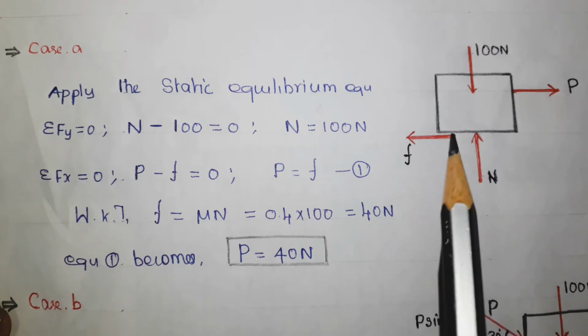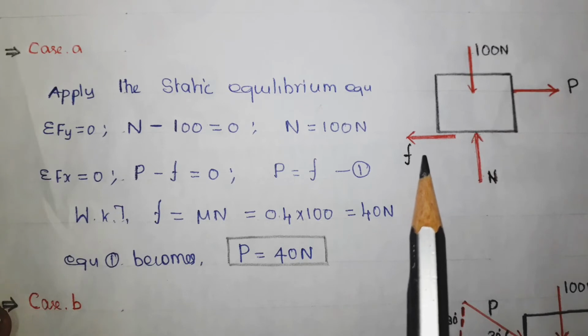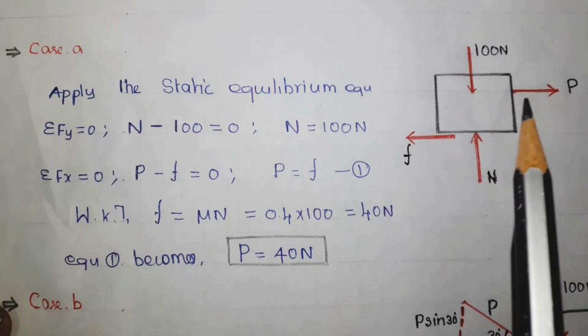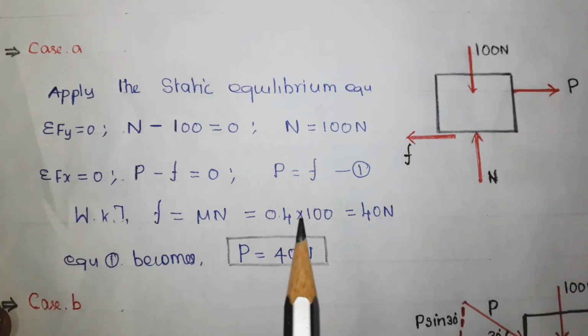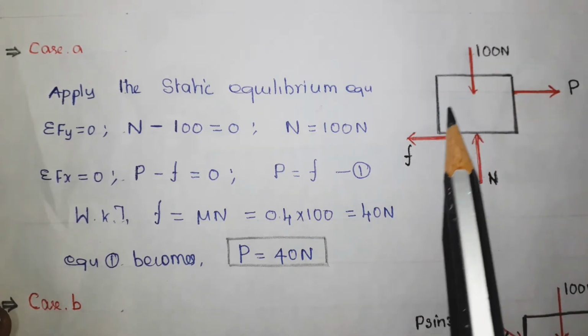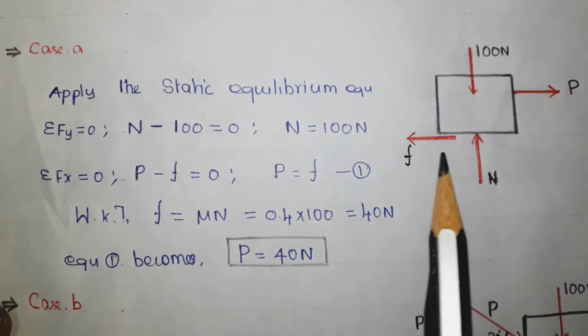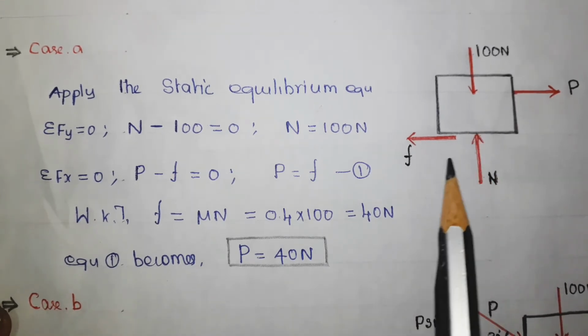Okay, then this is the applied force. Now you see here the friction force will always be acting in the opposite direction to the applied force. Okay, so this is the free body diagram, and among these 4, these 2 are the active forces. These 2 are the reactive forces.